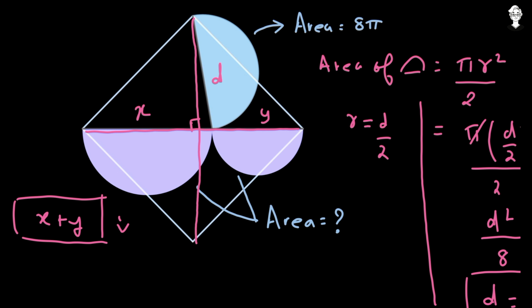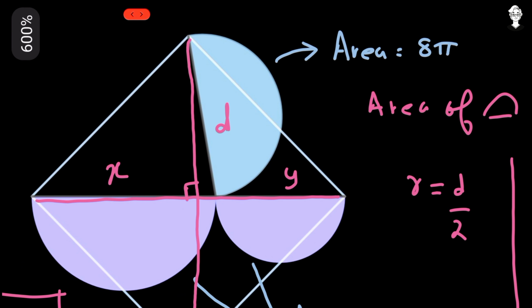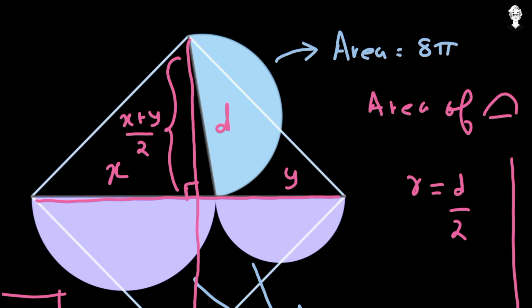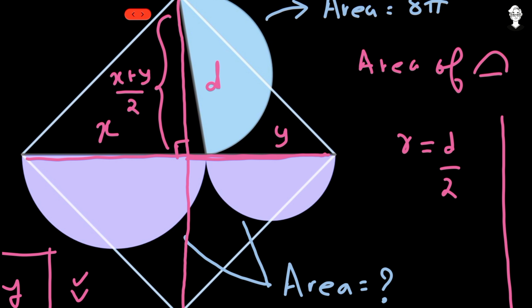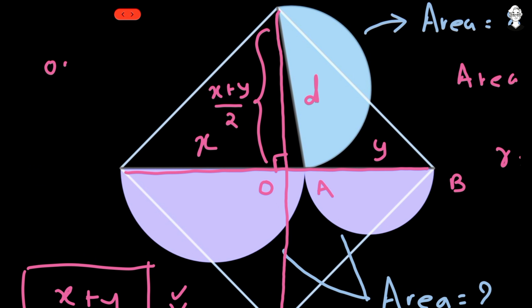The length of the diagonal is x plus y, therefore the distance from here to here becomes (x plus y) upon 2. Okay. This distance also becomes (x plus y) upon 2 from this particular point to here, and from here to here the distance is y. Let me just label the points so it's easy to explain. Let this intersection point be O, this point is A, this point is B. So now we can see that the distance OB is equal to (x plus y) upon 2.